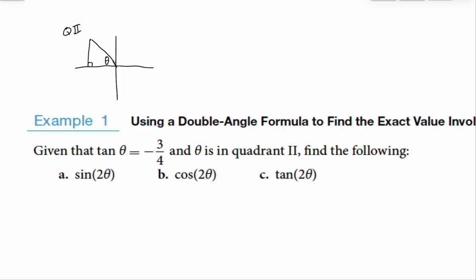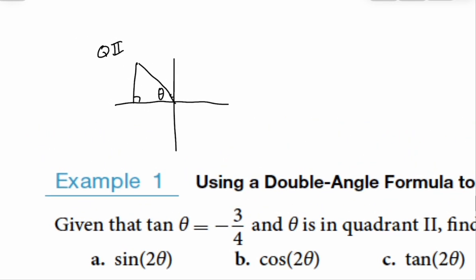Now it says that our tangent is -3/4. What I would also do is I would put the fact that this is going to the left, so it is negative. This is going up, so it is positive. Remember, our hypotenuse is always positive. The only ones that might have a plus or minus sign will be the legs of your right triangle.